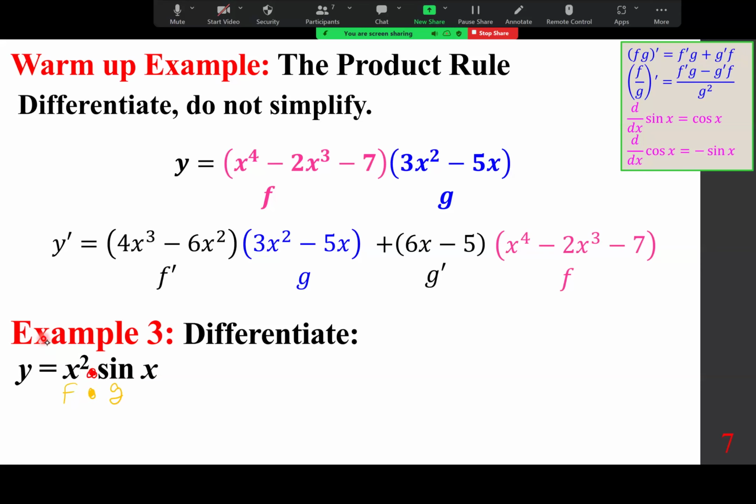So according to this formula, I need f prime, which is 2x, times g, which is sine x, plus g prime, the derivative of sine x is cosine x, the derivative of sine is cosine, and then times f, which is x squared.